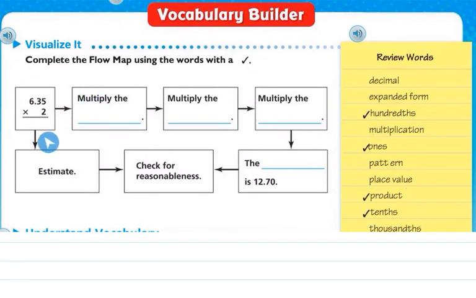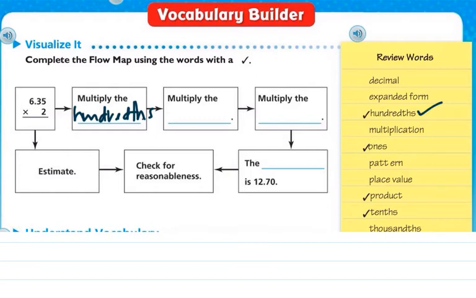So let's start here on the left-hand side of our flow map. It says 6 and 35 hundredths times 2. So it says multiply by the hundredths, because that's the first place that we're going to multiply by, boys and girls. So we're going to write hundredths down there. And then I'm just going to put another little check by that on the other side to note that I use that word already.